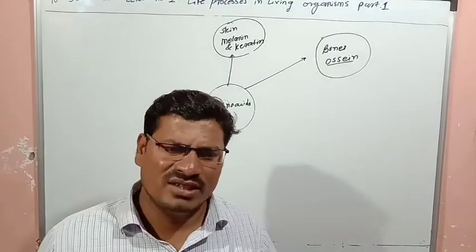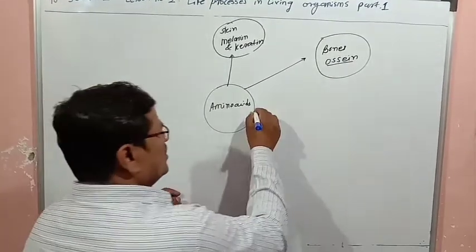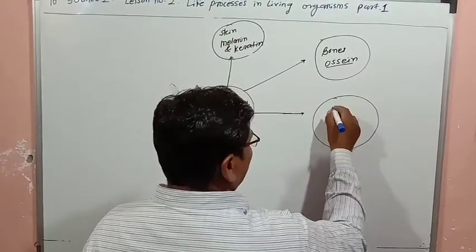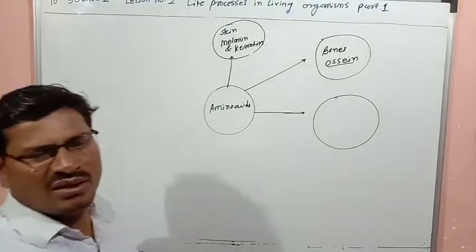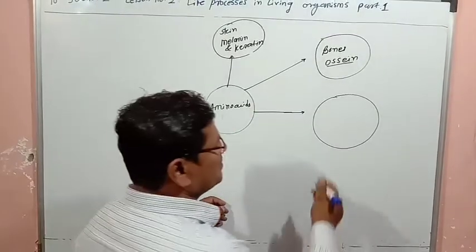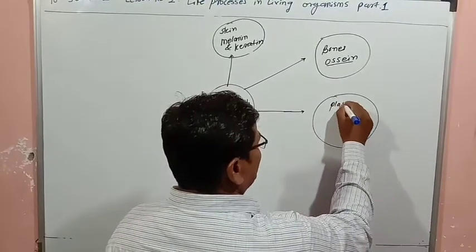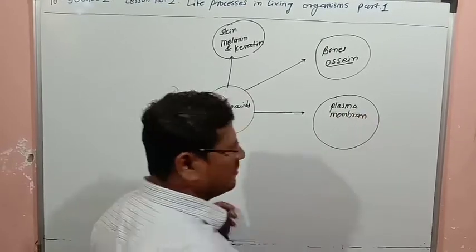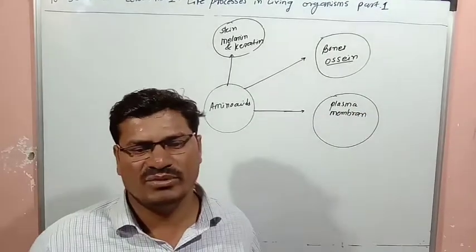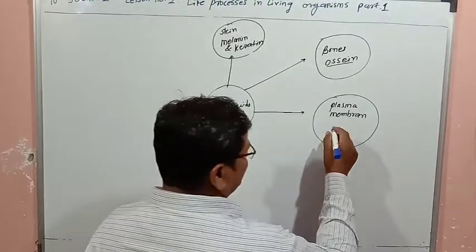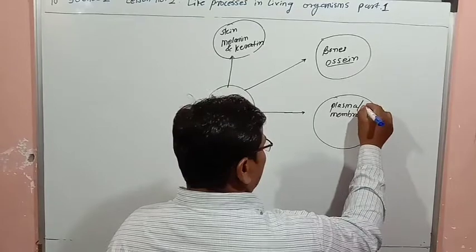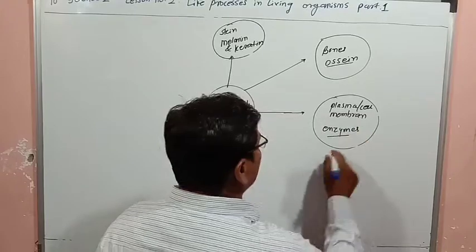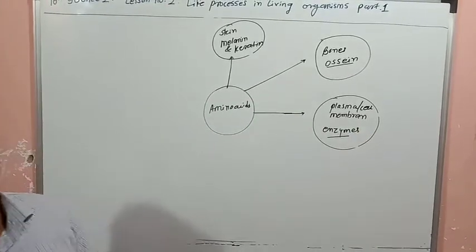After that, in the plasma membrane or cell membrane, proteins and enzymes are there, and these proteins are made up of amino acids.